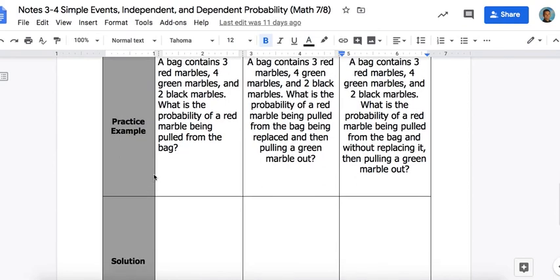A bag contains 3 red, 4 green, and 2 black, just like the previous problems. But listen to this. It says, what is the probability of a red being pulled from the bag without replacing it, and then pulling out a green marble? So let's look here. We've got a red, so we're going to do 3 out of 9.